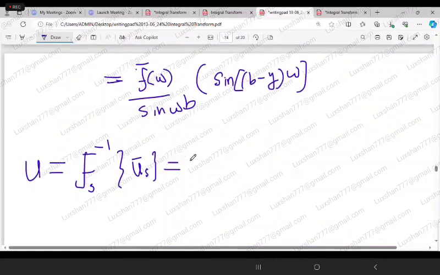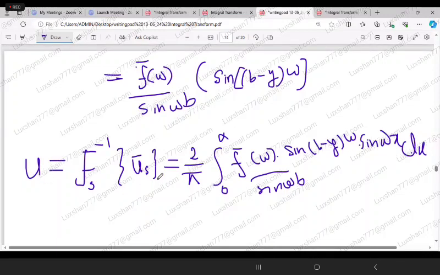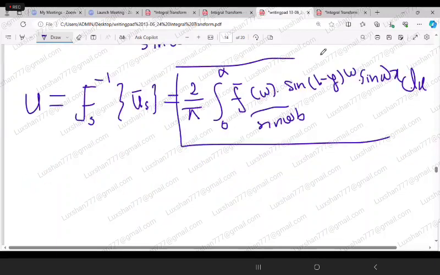So this is equal to 2 over pi, integral 0 to infinity, F bar omega sin (b minus y) omega over sin omega b into sin omega x. So that is the solution. Do you understand? We check the solution.